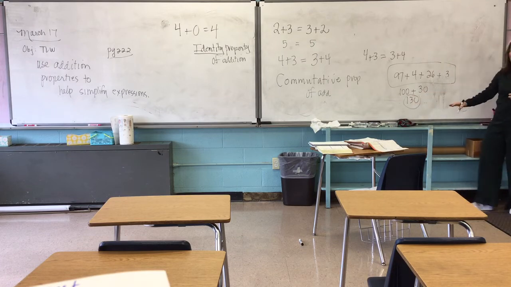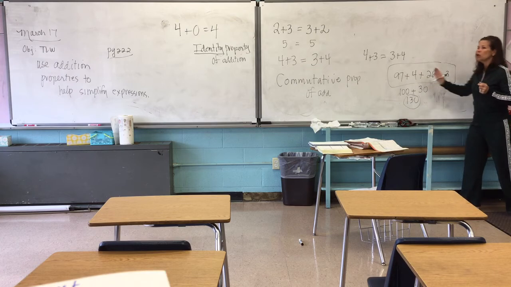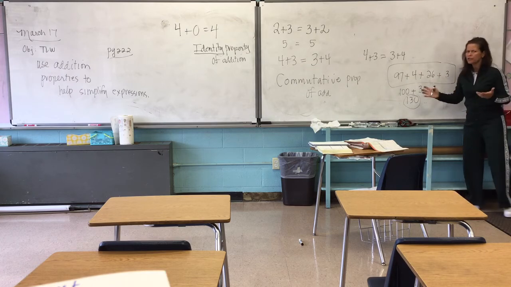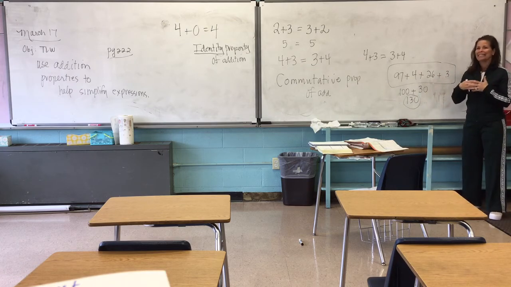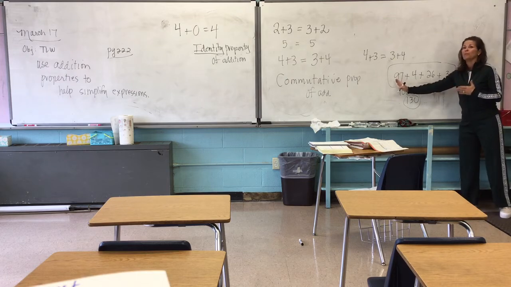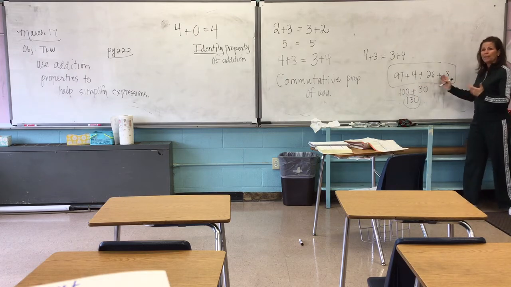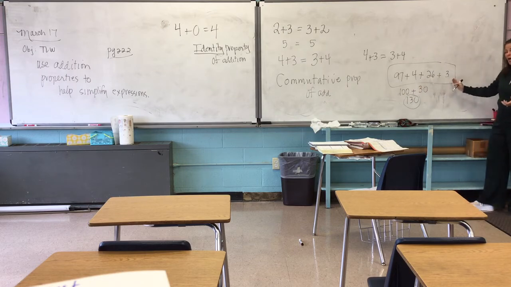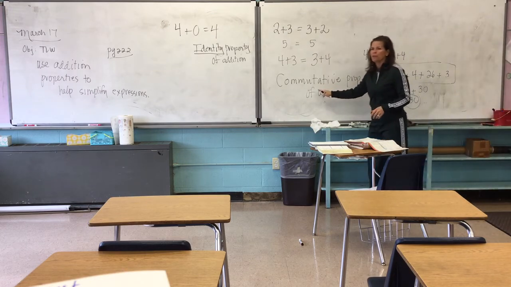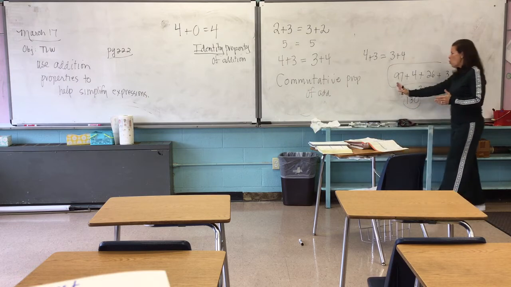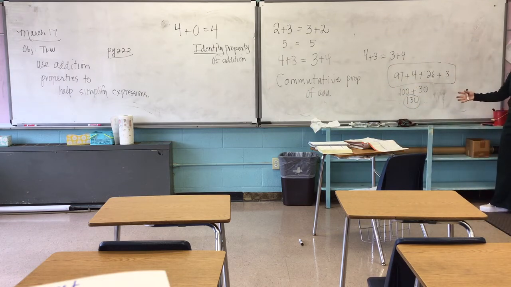I get my final answer way quicker because I looked around for numbers that are easier to add together versus just going from left to right like I've been taught all these years. So you kind of pick and choose. You can do that because the commutative property says you may change the order in which you add numbers if it makes your life easier.